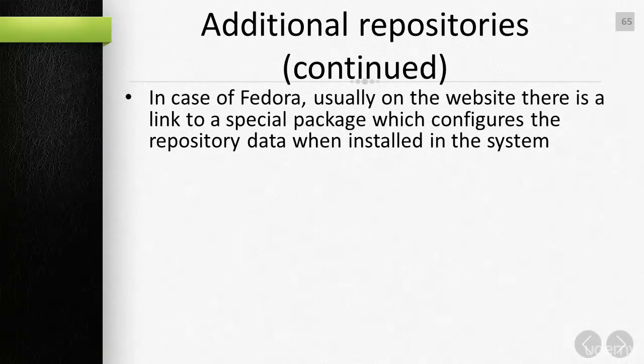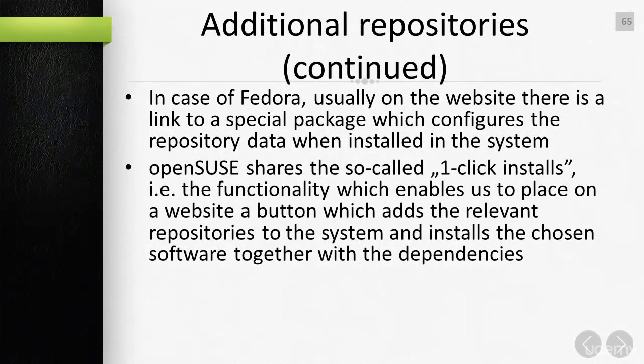When it comes to Fedora repositories, the link is usually given on a software manufacturer's website. OpenSUSE provides a so-called one-click install. This is a very interesting feature, which unfortunately isn't available in other distributions. Developers place a simple button on their site.